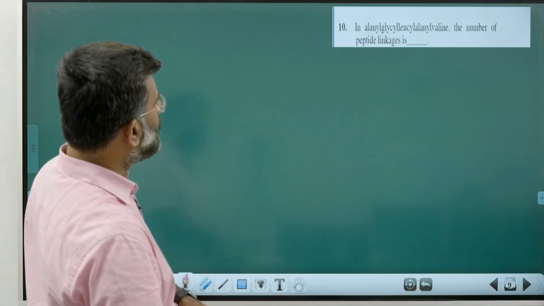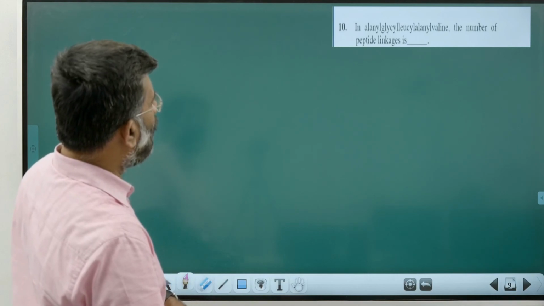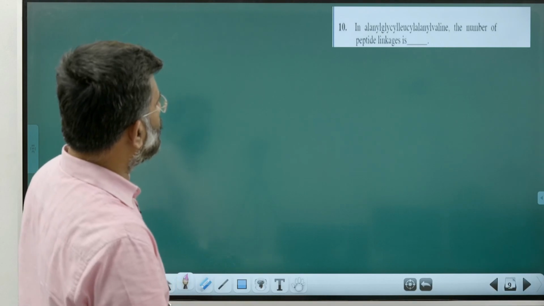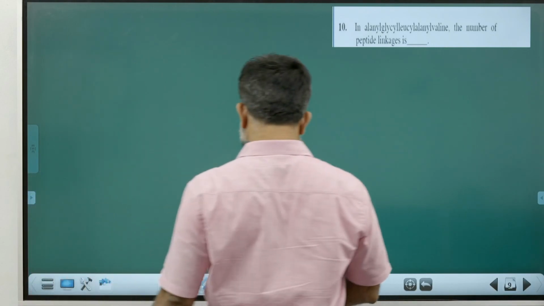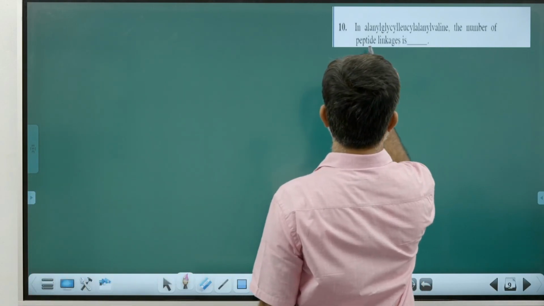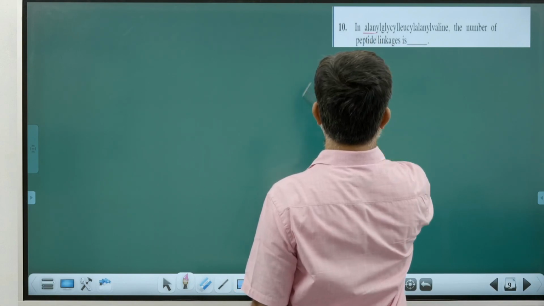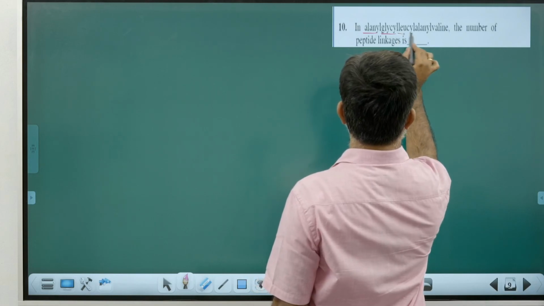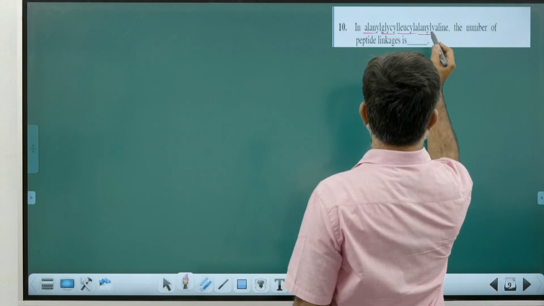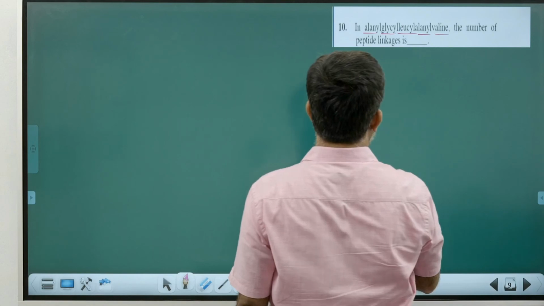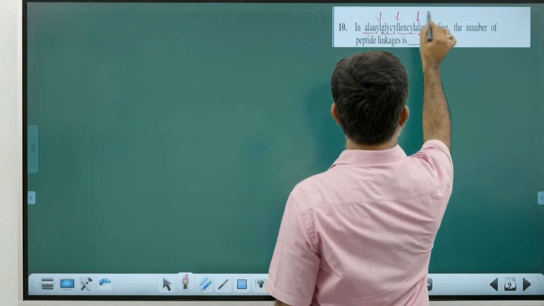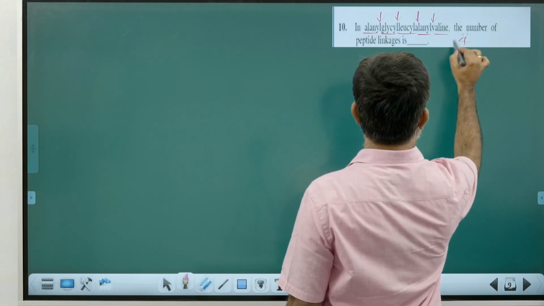Alanyl, glycyl, leucyl, alanyl, valine. How many peptide linkages? 1, 2, 3, 4. 4 peptide linkages.